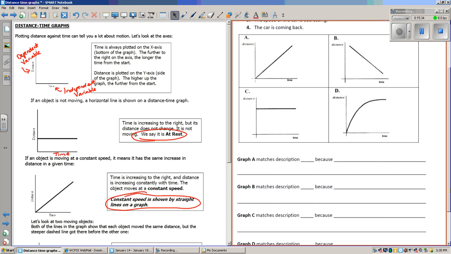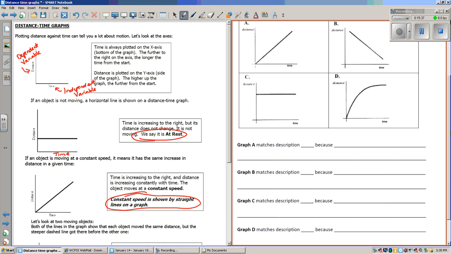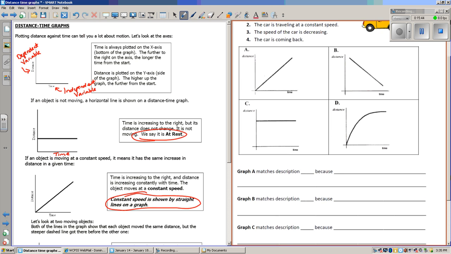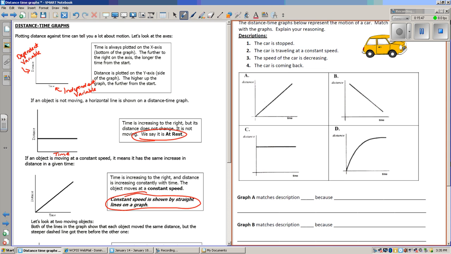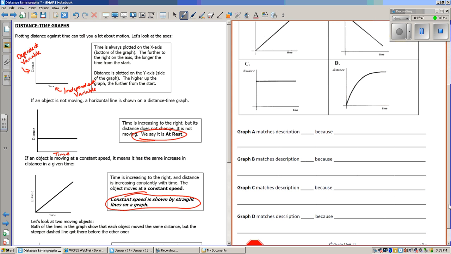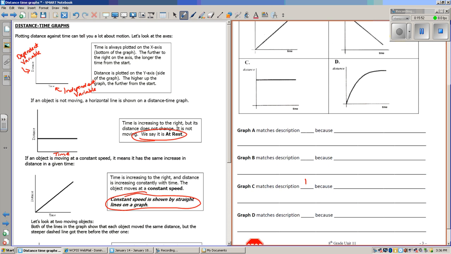Okay, so 1 matches graph C. So I'm going to put a 1 here. Why? Put that in your own words. We just talked about it being at rest, so you want to make sure that you elaborate on how that line represents being at rest.